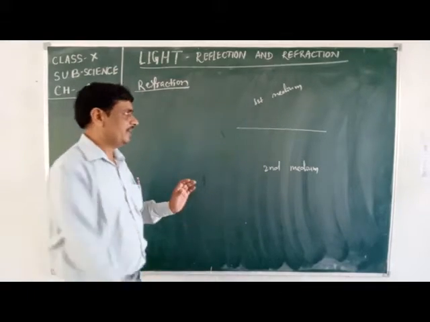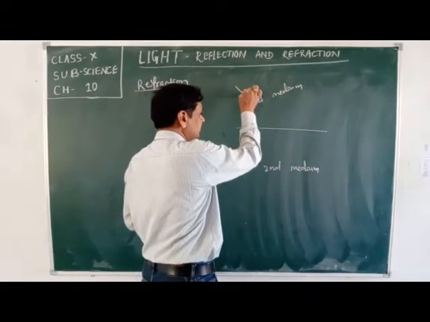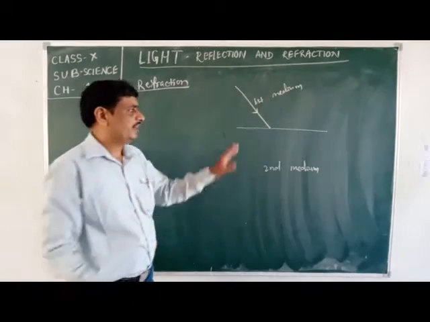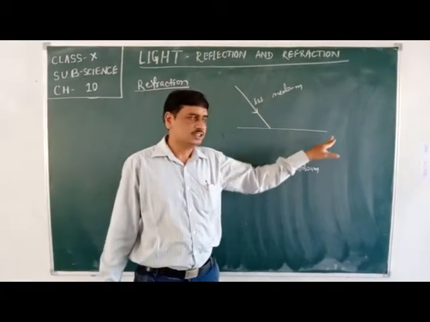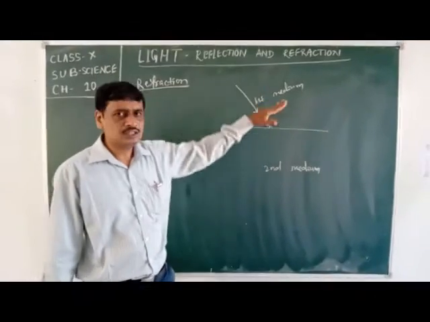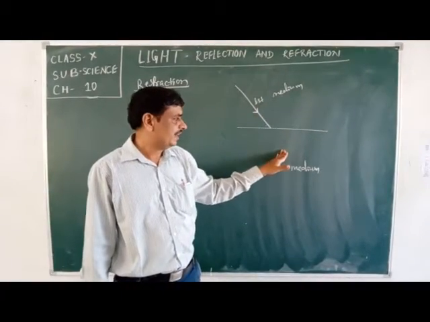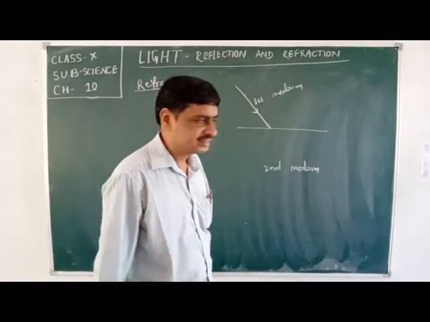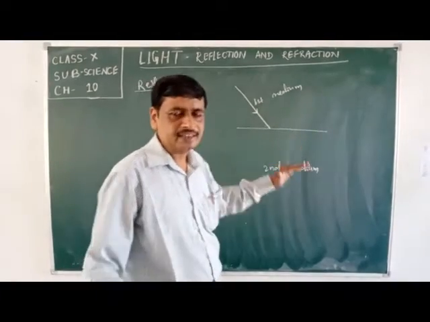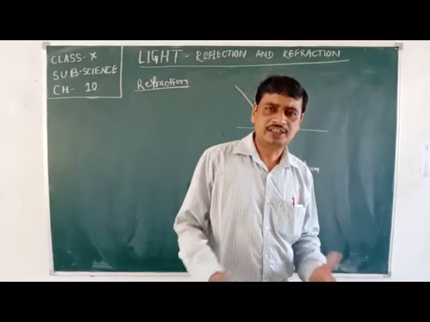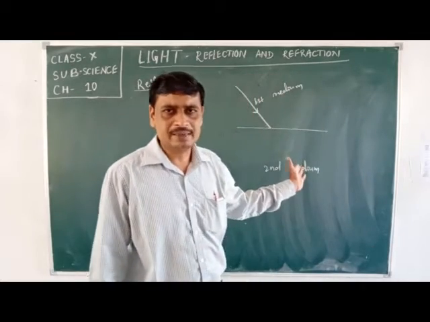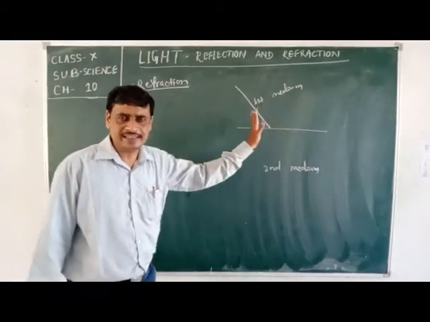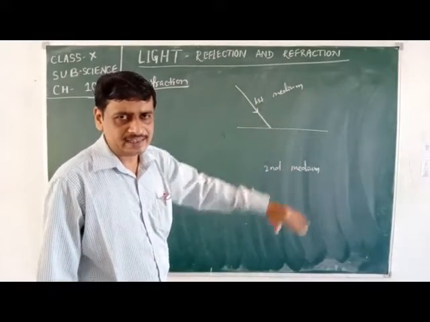If a ray of light is traveling in the first medium and it comes to the line of separation between two media and enters another medium, if both are either transparent or translucent, or if one of them is transparent and the other is translucent, then refraction happens. The ray of light can enter into another medium.